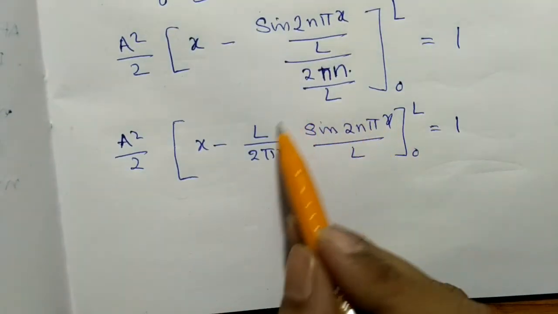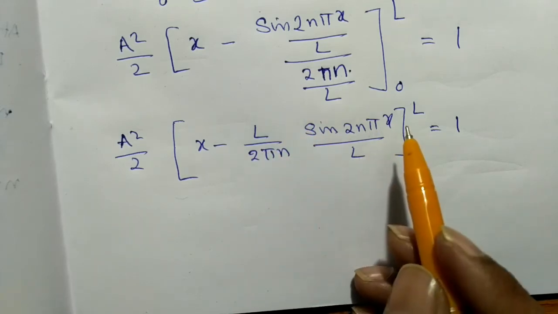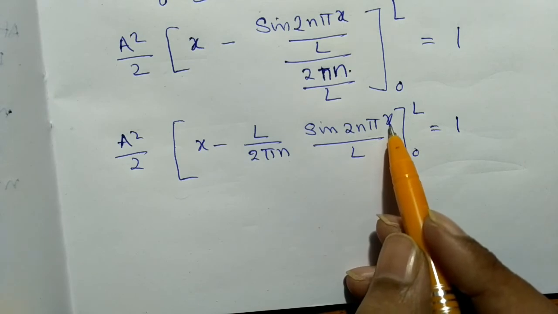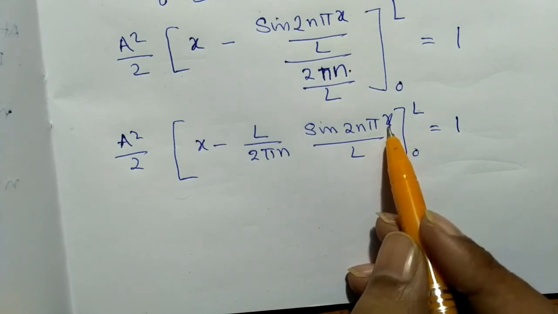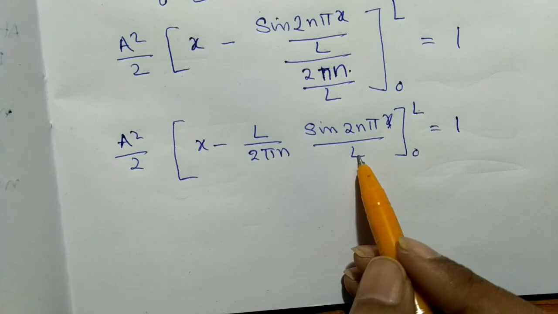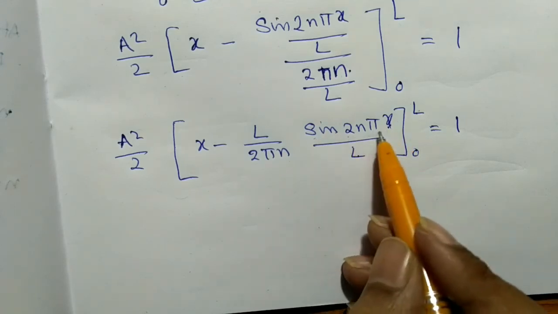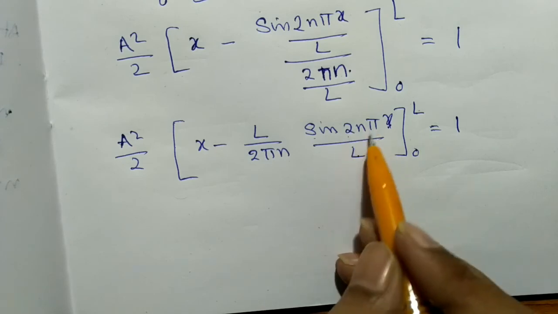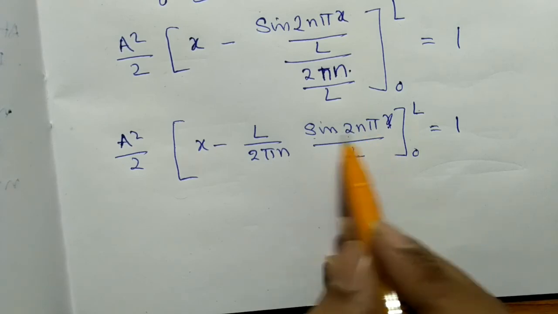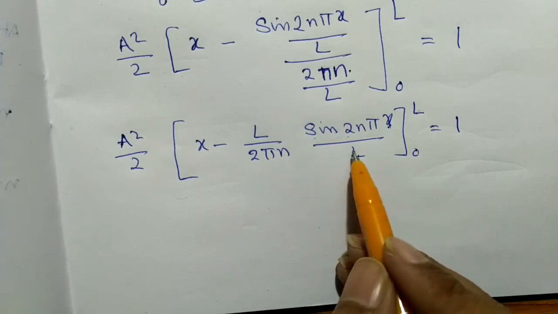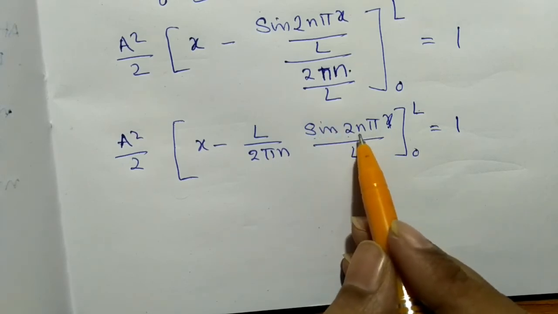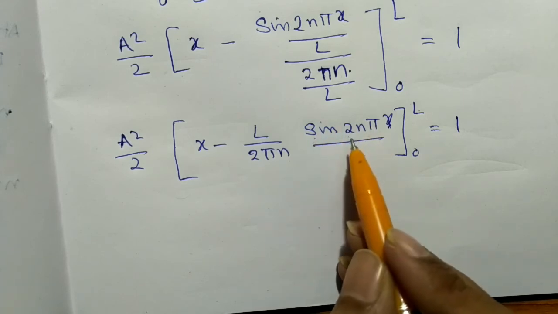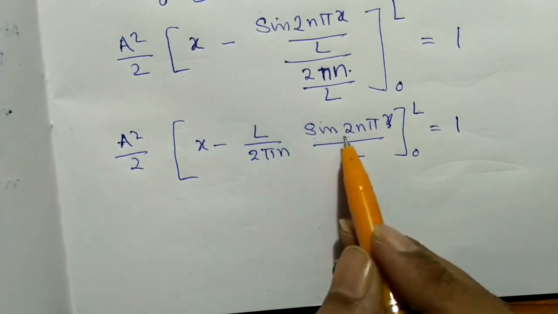Now this term becomes 0, because if I put the upper limit L value here, then L and L get cancelled. This is 2 n pi. If n is equal to 1, that is 2 pi, that means 360 degrees, and sine 360 becomes 0. If n is equal to 2, that is 4 pi, again this term becomes 0.